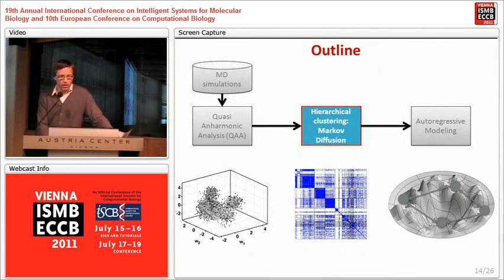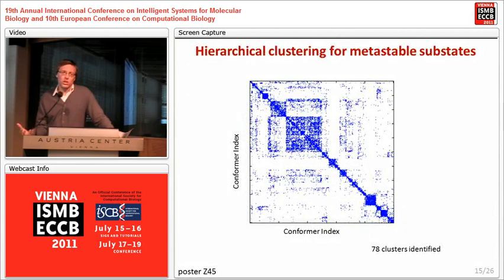Okay, so the next part of the talk is just to say that visually we saw clusters in the three-dimensional projection. What are the clusters if we look in a higher dimensional space? That is, if we consider more of these anharmonic modes as feature vectors.